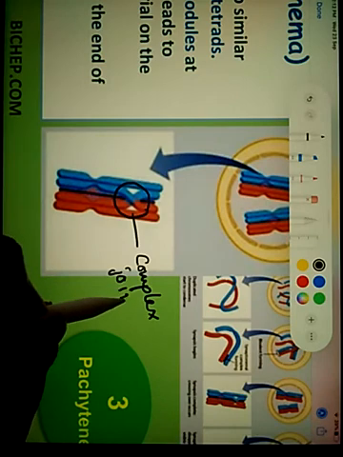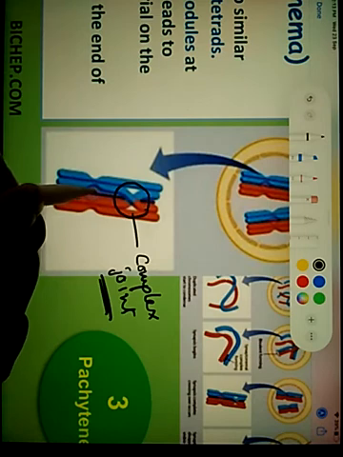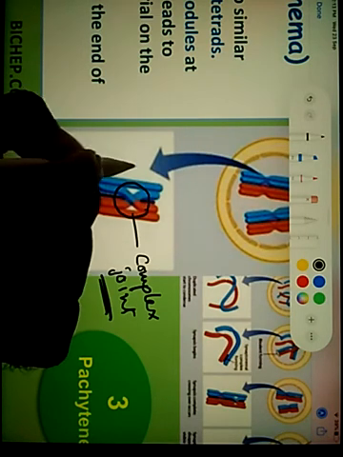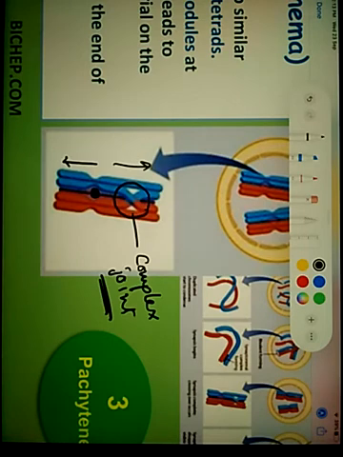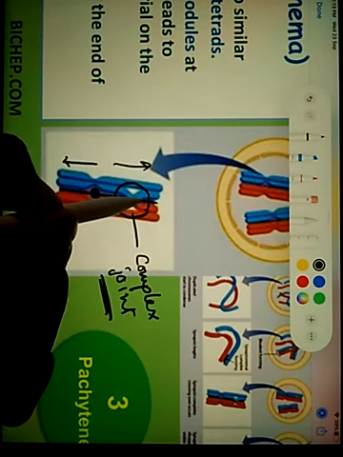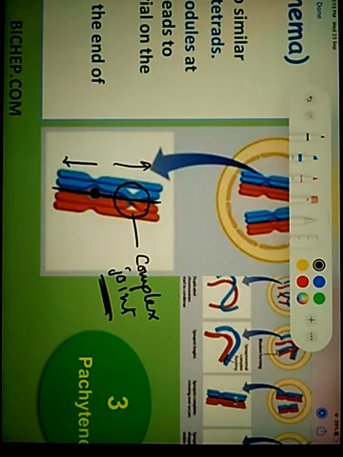Complex joint, right? It is getting more complex, joining with a more stable structure, and from the center towards the peripheral region, it is joined in a perfect manner with a specific type of protein in between.